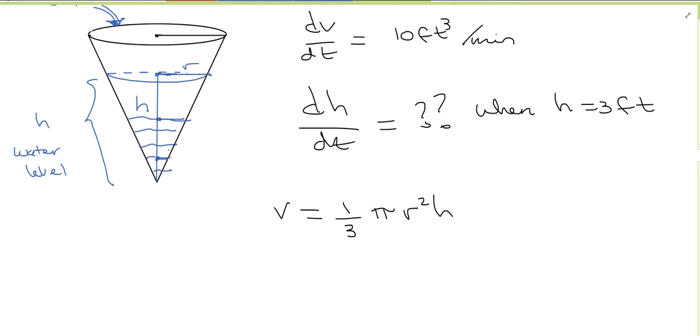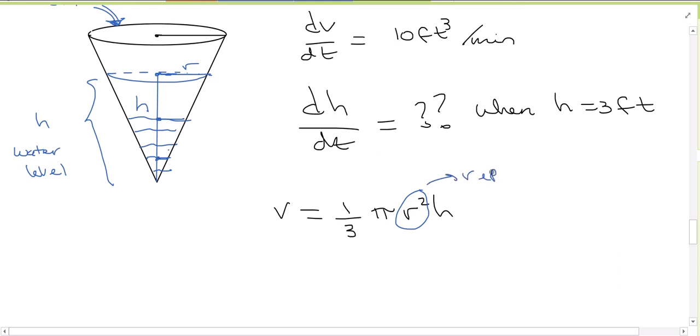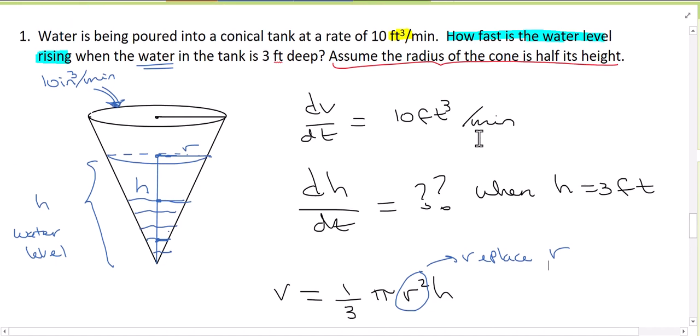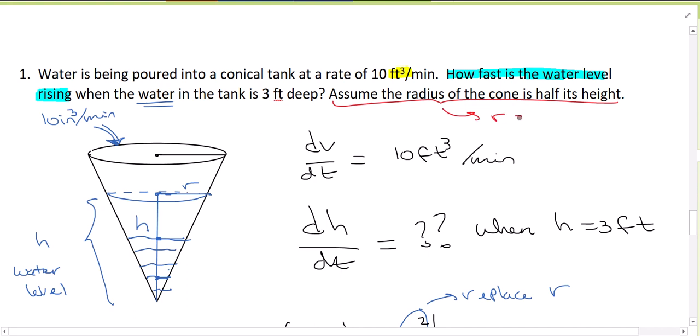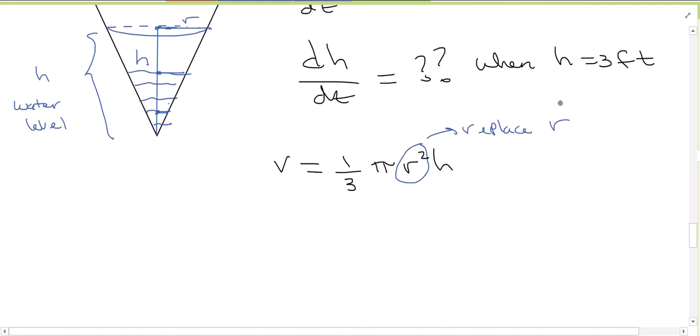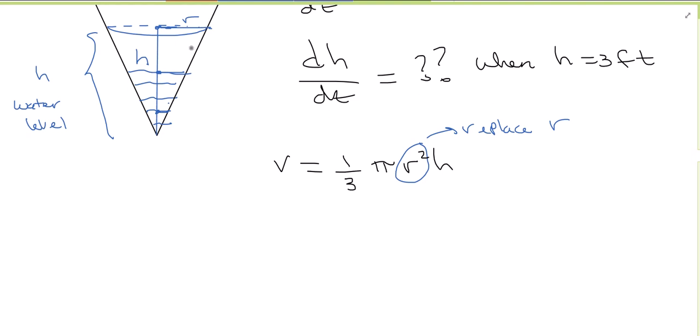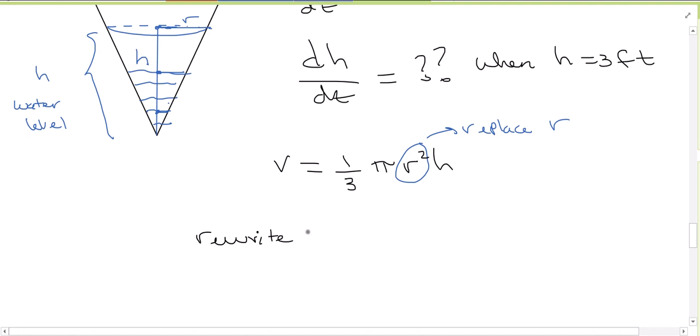So we need to somehow replace R, because I want just V's and H's in our equation. And so we're going to use this fact over here, that the radius of the cone is half its height. So that means that R is half of H. So we're going to put that in here and rewrite our equation of the volume.